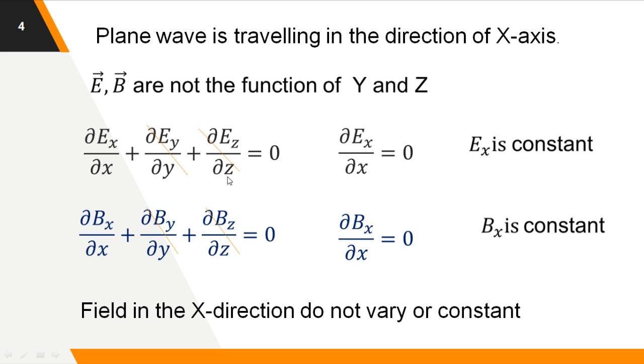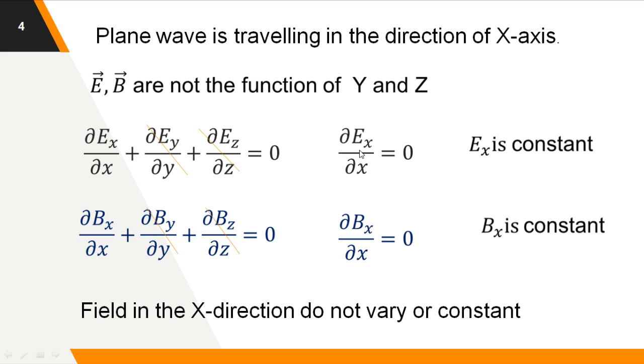If the second and third terms are 0, what is left? ∂Ex/∂x equals 0, and ∂Bx/∂x equals 0. What is the meaning here? If the differentiation of something is 0, then that something, in the first case Ex, in the second case Bx, is constant.